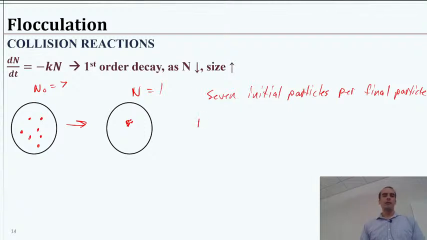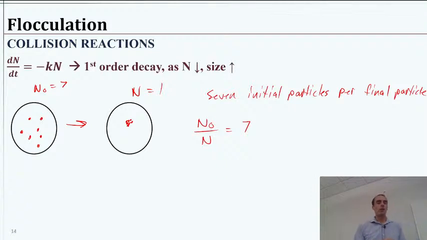So this means n naught over n equals 7. There are 7 of the initial ones in each of the final ones. So given some volume, normalized by volume, because there's a volume term in both n naught and n, we have 7 of the initials in every final one.